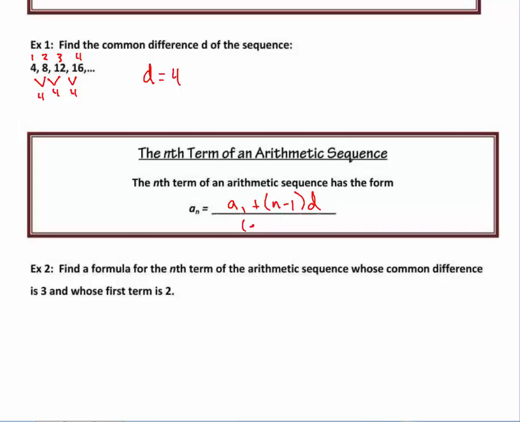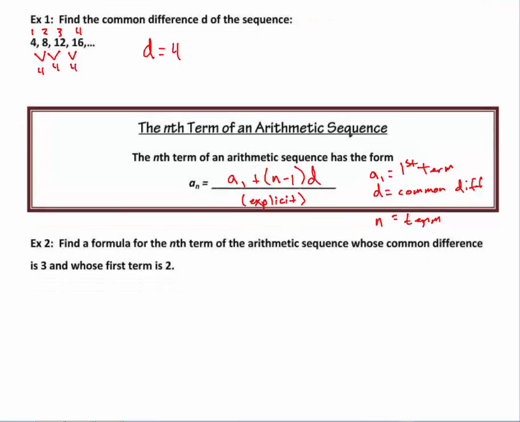Okay, and this is, as we learned earlier in class, an explicit formula. And in this formula, a1 is the first term, d is the common difference, and n is the term. So it's the first term, or the second term, or whatever.